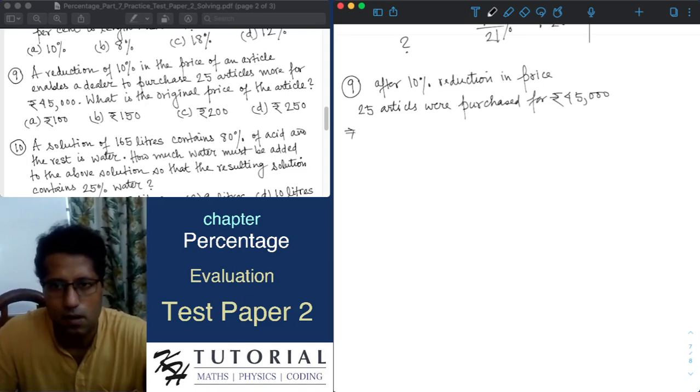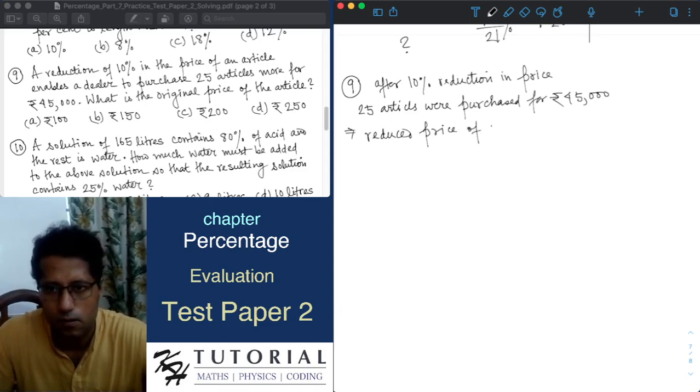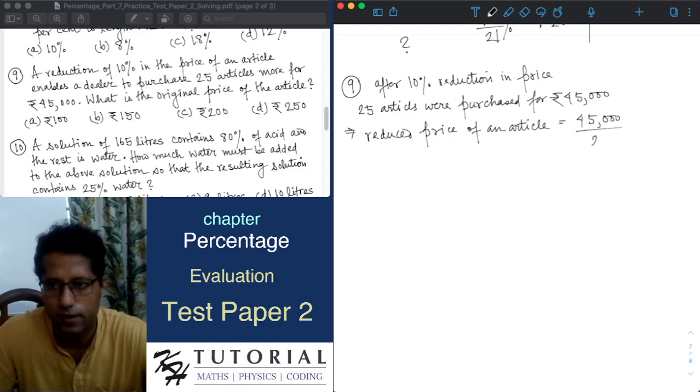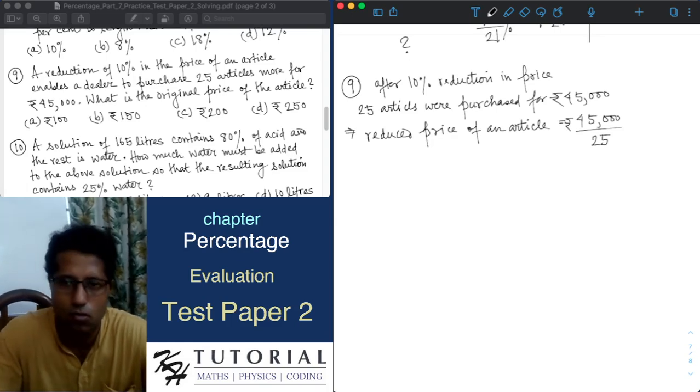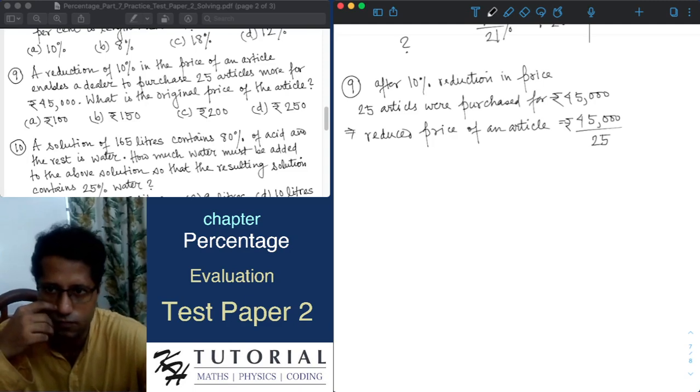So this implies the reduced price of an article equals 45,000 by 25, because since the price of the article was reduced, the dealer was able to buy 25 more articles whose cost was 45,000.